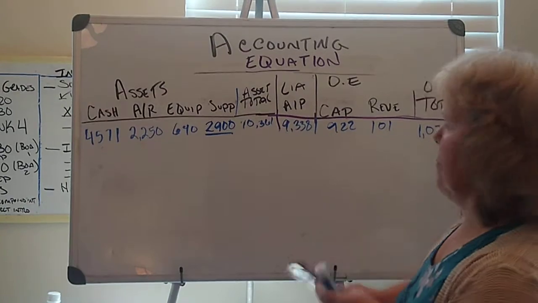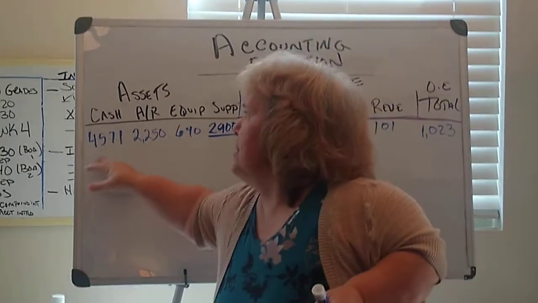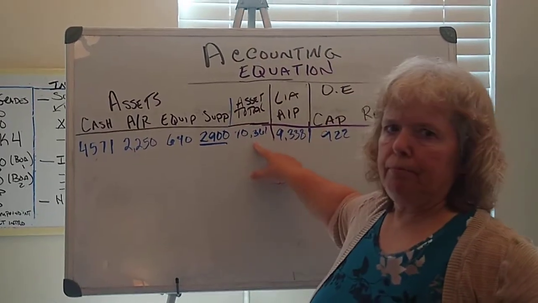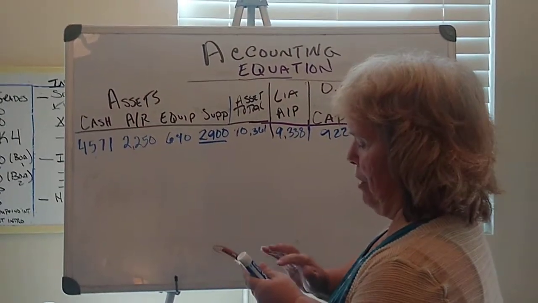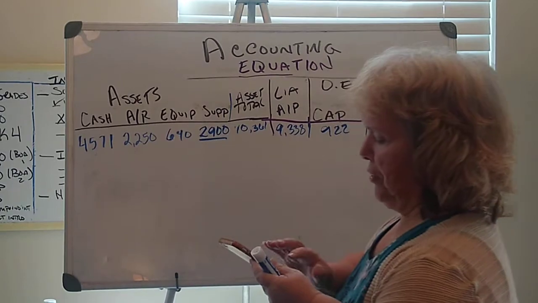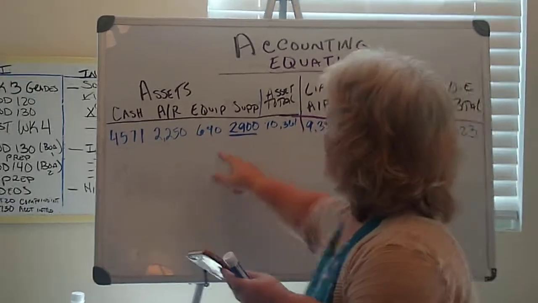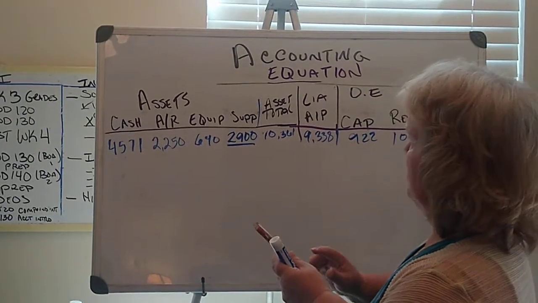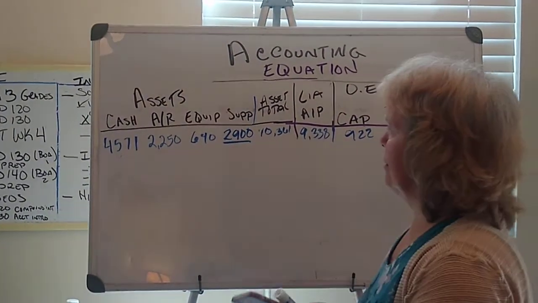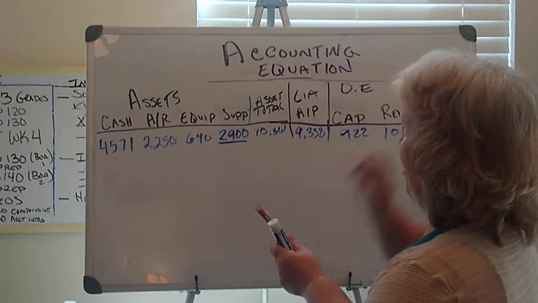So, the way you can check it is to add these together. It should equal this. Okay? So, 4,571 plus 2,250 plus 640 equals... plus 2,900. Oh, did I forget one?